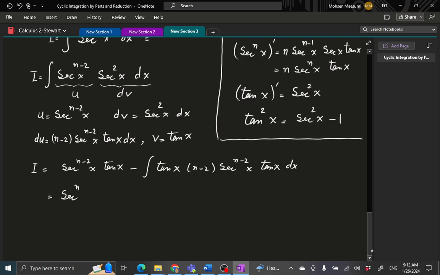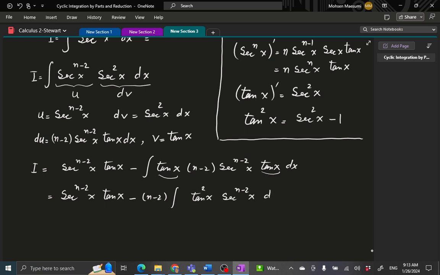Secant to the power of n minus 2 of x tan x minus, put the n minus 2 outside, tan x, another tan x makes tangent square of x, secant to the power of n minus 2 of x dx.